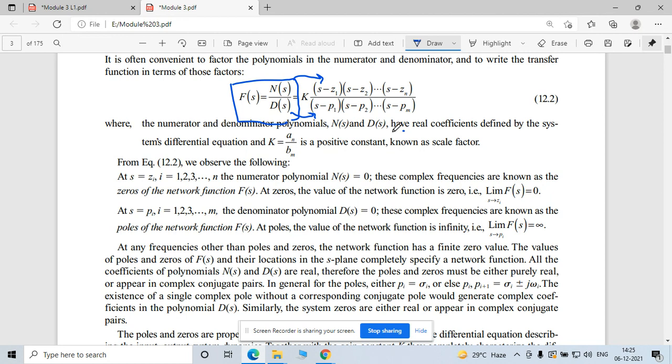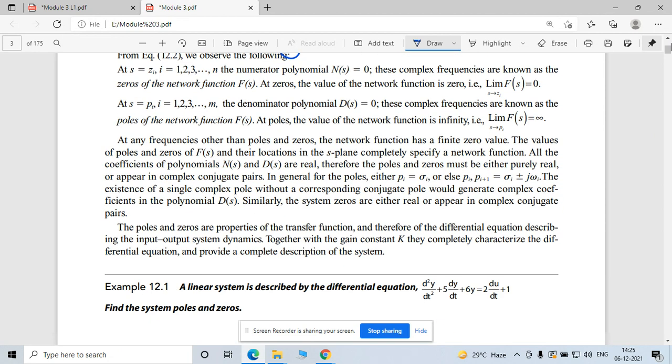Now see, if numerator N of s and D of s have real coefficients, defined as a system differential equation, then there is some constant you can represent in your transfer function block, which is known as the scalar factor.